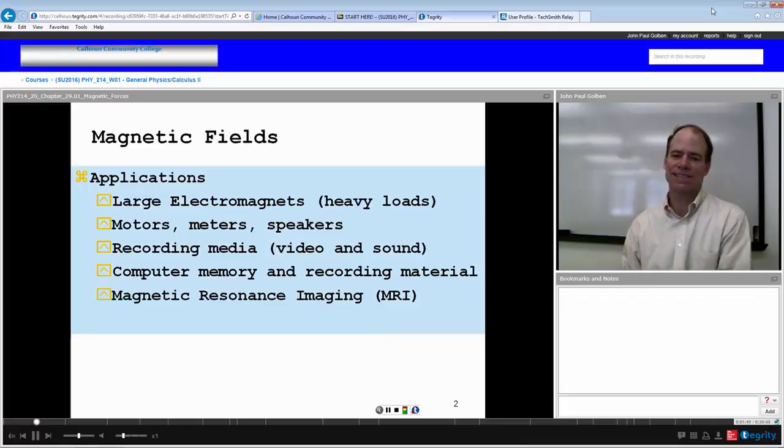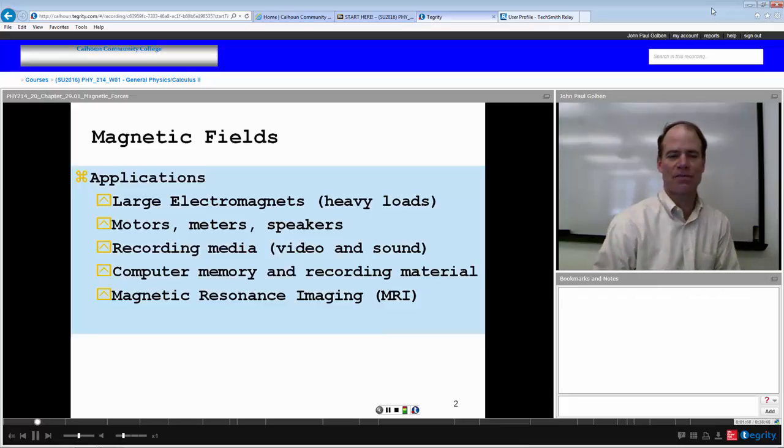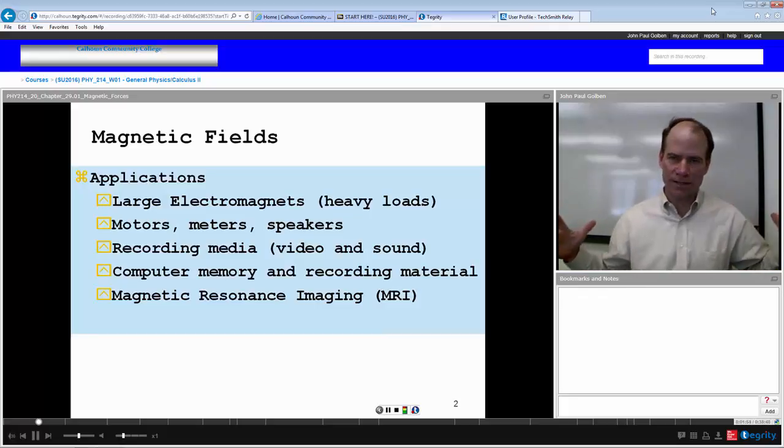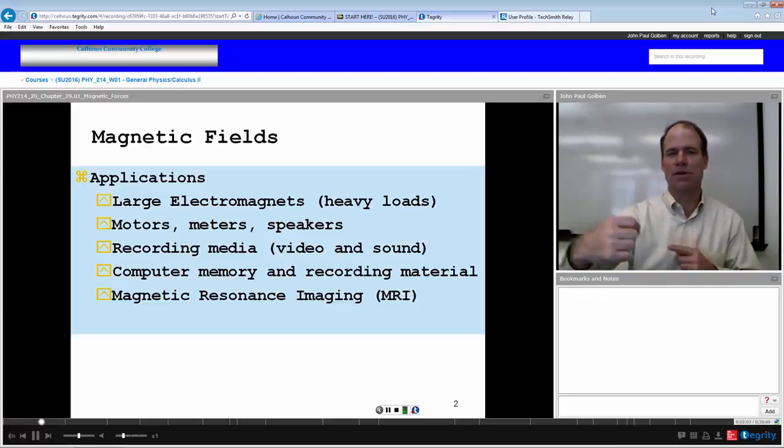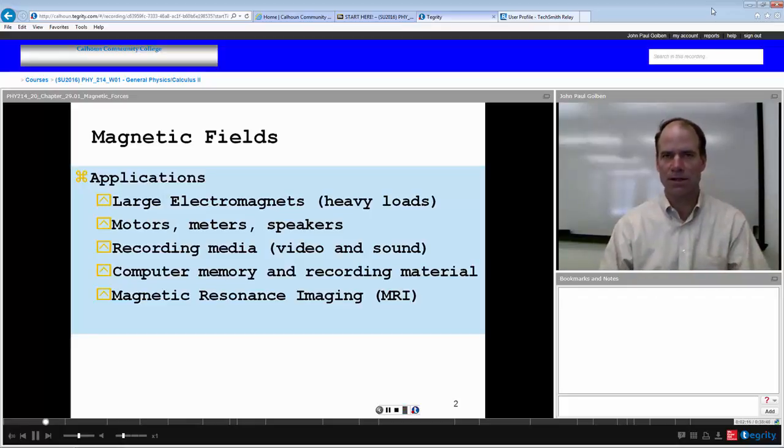Magnetic resonance imaging, MRI. If you put the human body in a very large magnet, you will orient the domains of magnetic field within the body in one particular direction. Then if you come in with a transverse alternating magnetic field, much smaller than the first one, you can oscillate those domains in a particular way, and then they will radiate a signal that can be picked up as an image of the body.